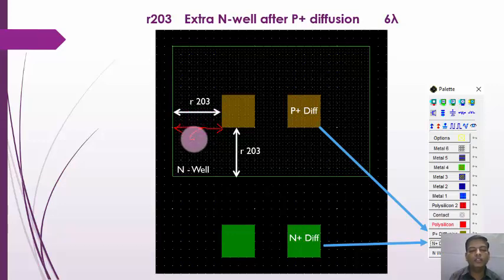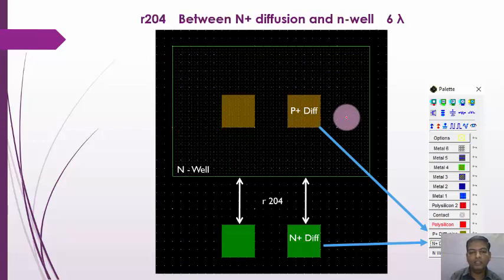R203, extra n well after P diffusion. So N plus diffusion from here, P plus diffusion, and here the n well, extra n well, 6 lambda is there. Have you got it?